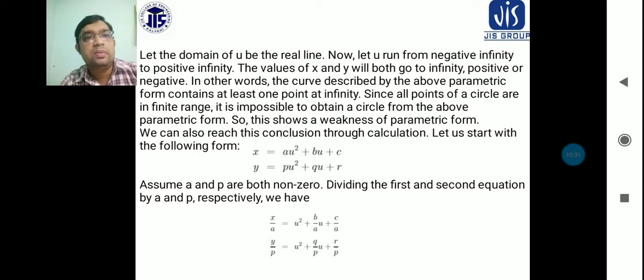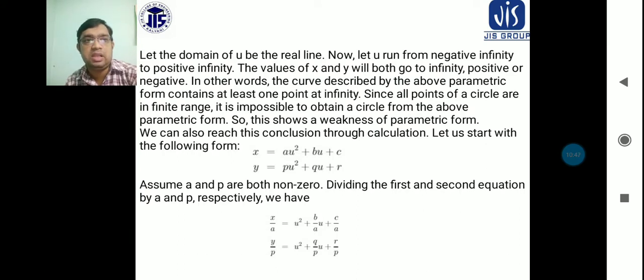In other words, the curve described by the above parametric form contains at least one point at infinity, since all points of a circle are in a finite range.